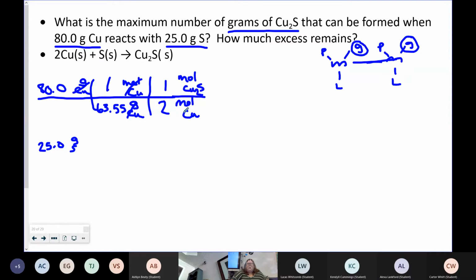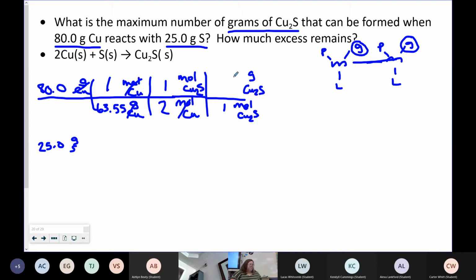So that will cancel out moles. And now we have moles of copper 1 sulfide, but we're looking for grams of copper 1 sulfide. So we can add one more step on here. So moles we don't need anymore, so it has to go down to the bottom. And we can change into grams on top.